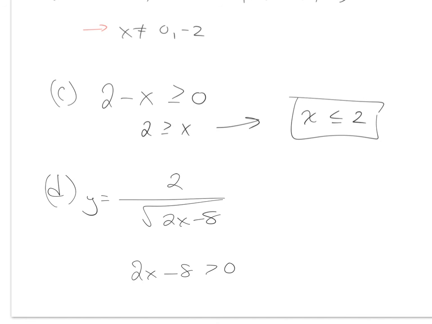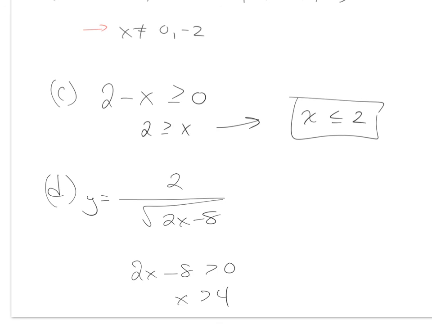We set the radicand greater than 0 because, again, it's got to be positive or 0 because it's under a radical, but because it's in a denominator, it can't be 0. So this is really saying this has to be positive. And then when you add 8 over and divide by 2, you're going to get x is greater than 4.